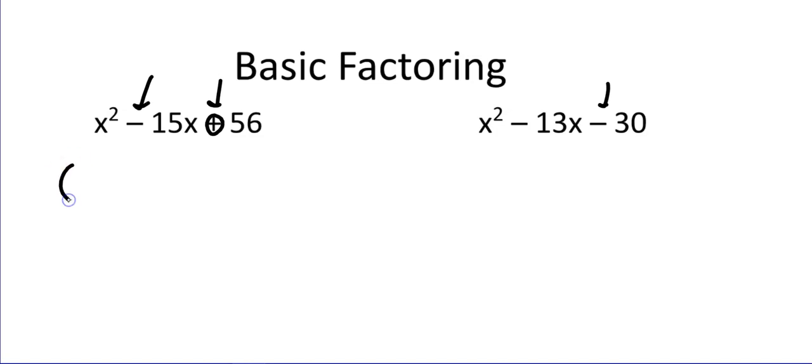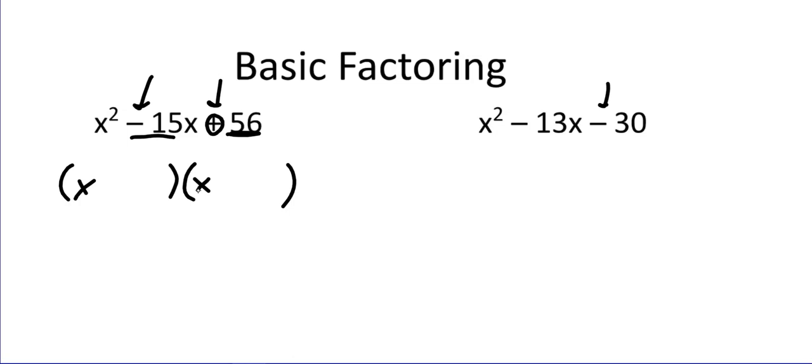All right? So what we're doing is we're looking for two numbers that when we multiply them, like I just showed you, are going to give us 56. And they're going to combine to a negative 15. And this is just going to be x and x. So we need to think of the numbers that multiply to give us 56. All right?